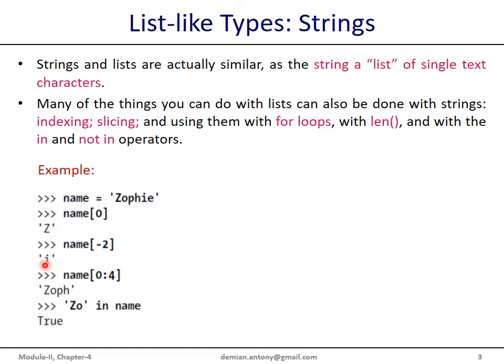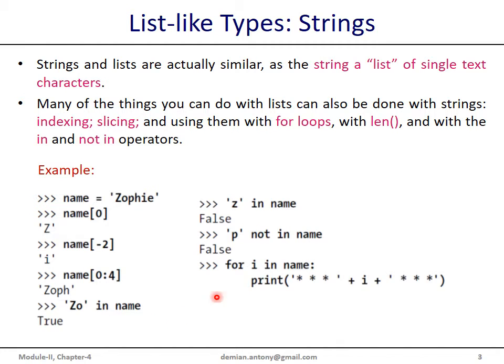Here we use the slice operator to retrieve the substring of a string, and also you can use in operator to check whether the character or a substring is present in a main string. Finally, you can read each of the character by traversing a string with a for statement.